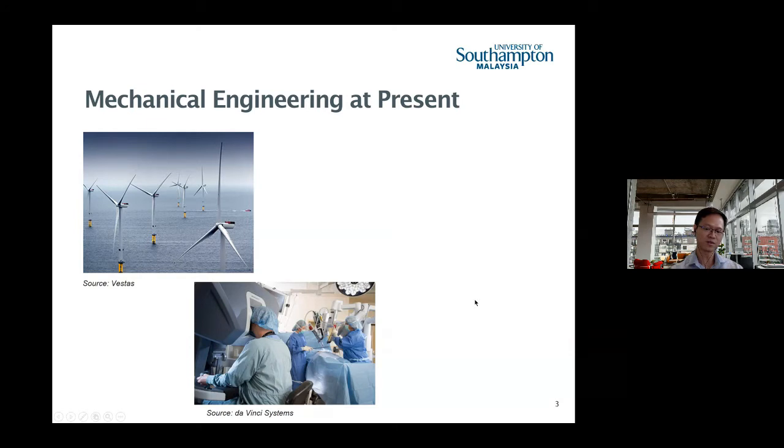So if you look at this image, you see a scene within a surgery theater, and you might think that this person, a doctor, is perhaps assisted by a couple of nurses. So it doesn't look like an engineering workspace, does it?